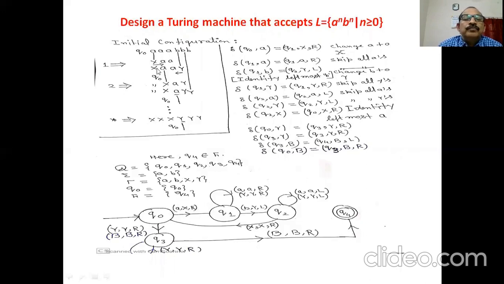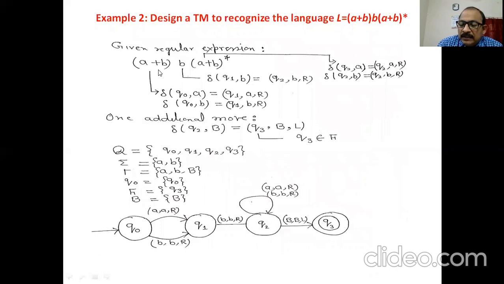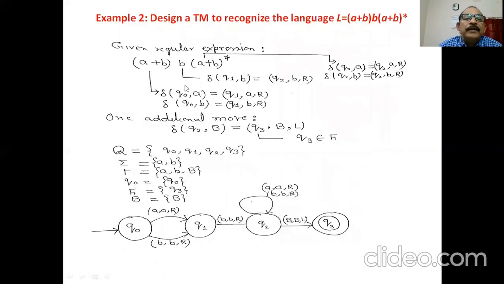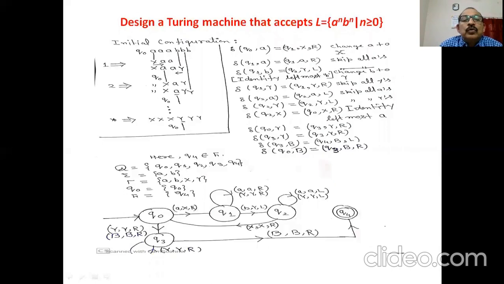Okay. Now, next time when you replace this small a by X, skip all A's, you have to skip also Y to go to this B.